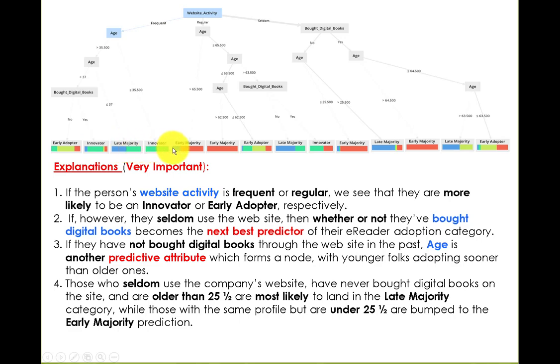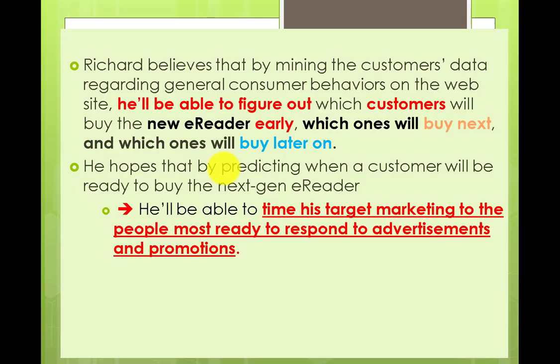Those are the leaves of the tree, the last stage, or the last branch of any tree. Those leaves are where you're gonna understand what's happening to your customers.